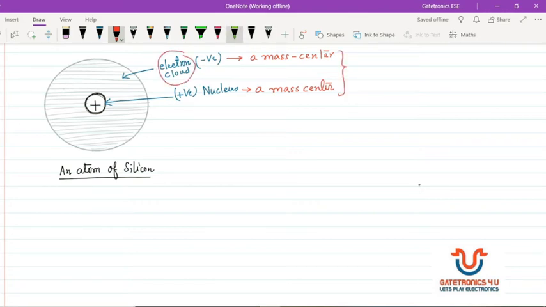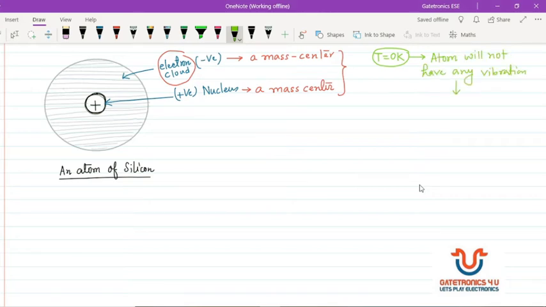So now let us consider that the temperature capital T is at 0 K. If the temperature is at 0 K, then the atom will not have any vibration.